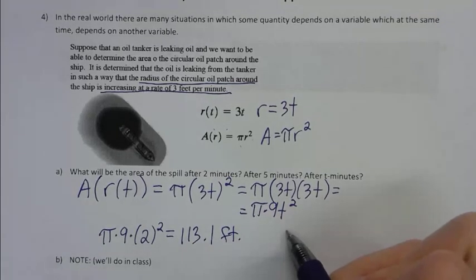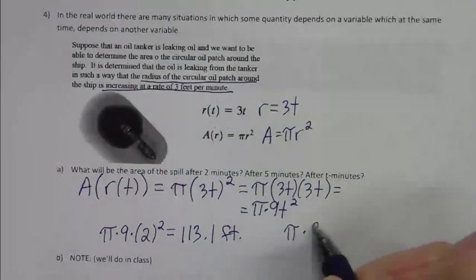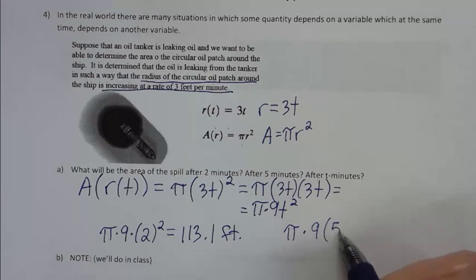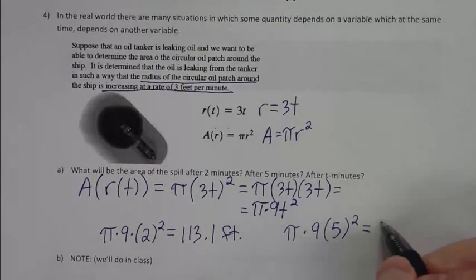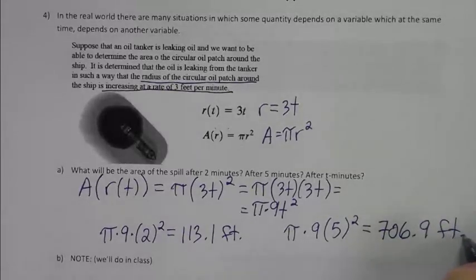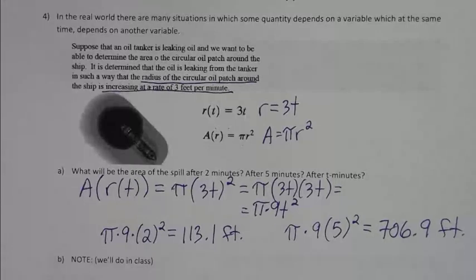And then we can set up pi times 9 times 5 squared, which would then be equal to 706.9 feet. So 3 minutes later, it is a much larger circle.